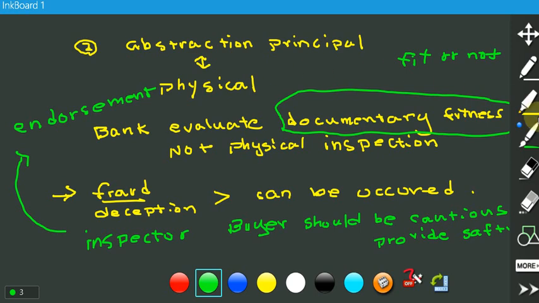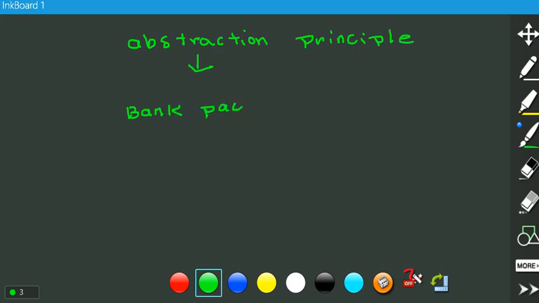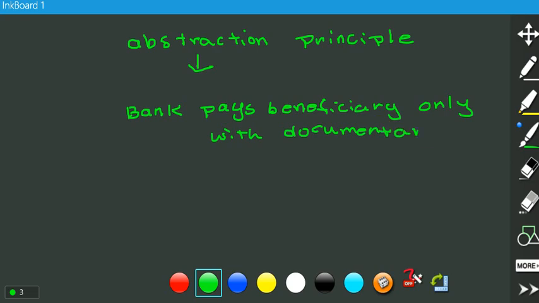Okay, so again, if I summarize the second principle, the abstraction principle is the principle that the bank faces the beneficiary only with documentary evaluations.